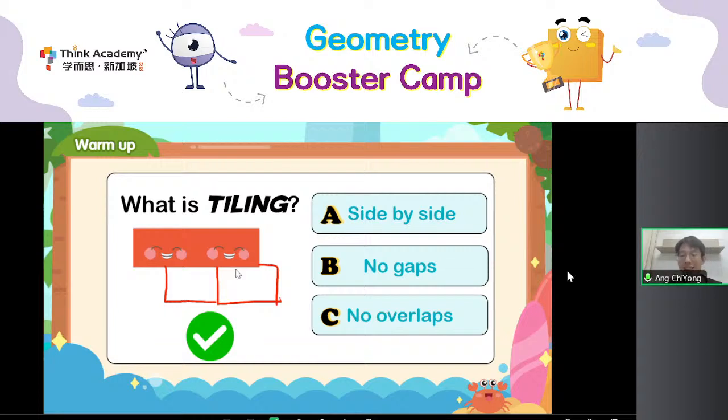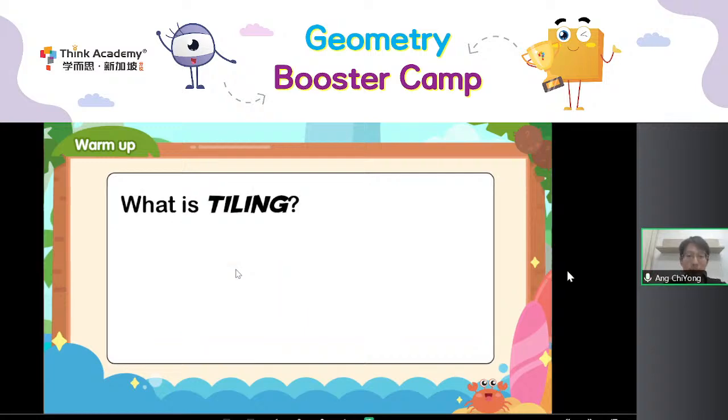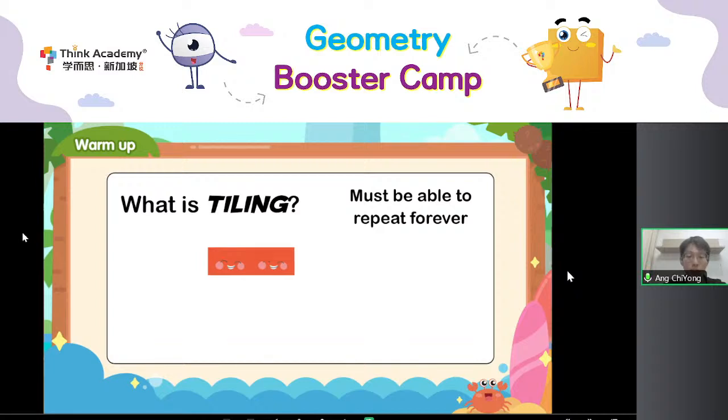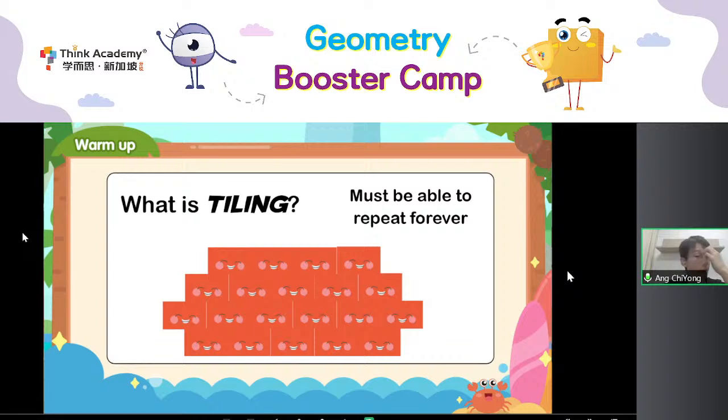Now we will look at more examples over here. Look at this one. Tiling must be able to repeat forever. So just now we have our Mr. Rectangle over here. Rectangle, rectangle, and then boom, rectangle everywhere. This rectangle must be able to repeat forever.